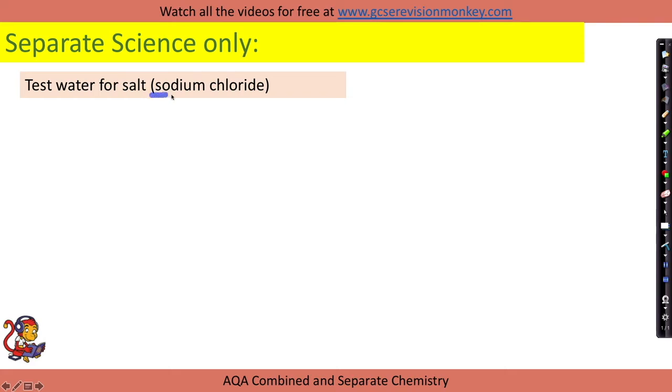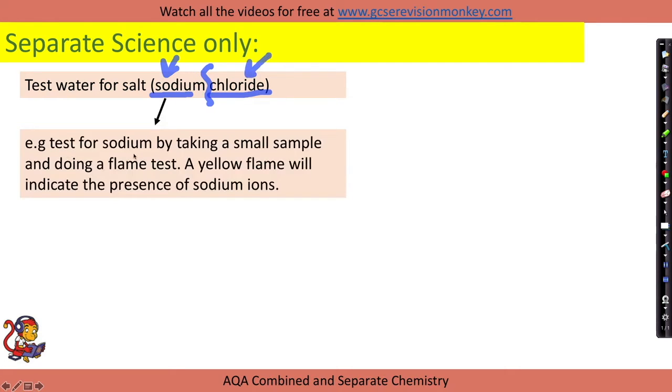Now salt is sodium chloride, so this links into the last required practical that we'll talk about in testing for ions. Because if we wanted to test the water for salt to start with, we'd need to test the positive ion, which is sodium, and the negative ion, which is chloride. So to test for sodium, we would take a small sample and do a flame test, and a yellow flame will indicate the presence of sodium ions.